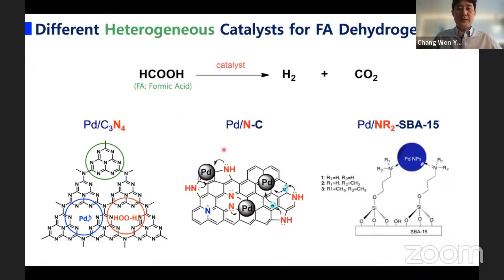And with a similar concept, I used nitrogen-doped carbon species or amine-functionalized SBA-15, a mesoporous silica material. I made some amine-functionalized ligands that interact with the palladium nanoparticles to show a similar effect.